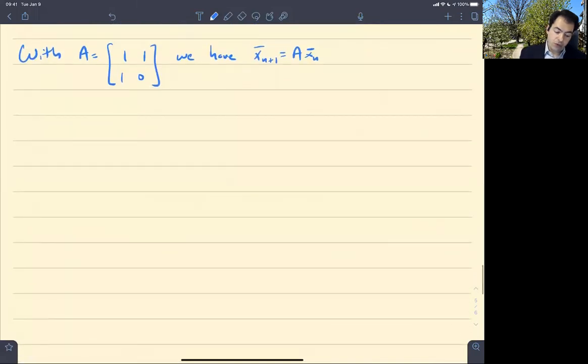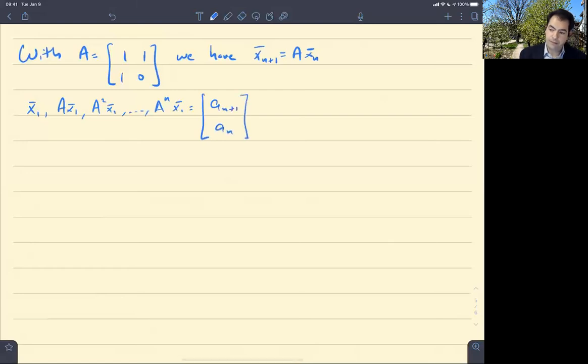So the sequence we have, the Fibonacci sequence, is x_1 and then A times x_1 and then A squared x_1 and so on until we have A to the n times x_1. And this would have coordinates a_(n+1), a_n. That's the same as A to the n acting on the vector 1, 1.